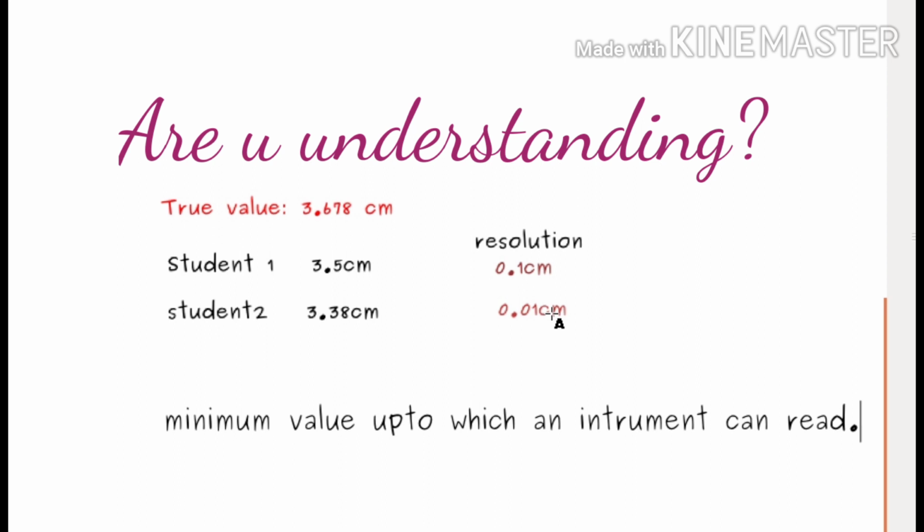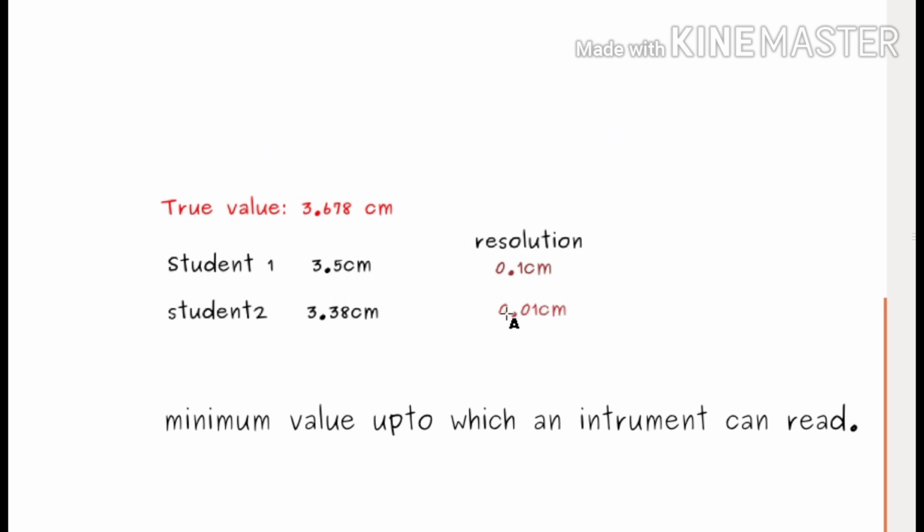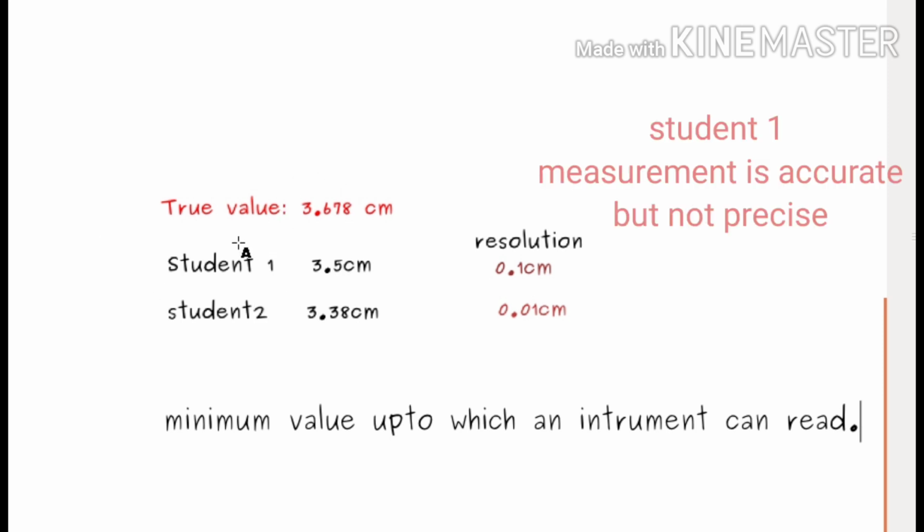It means that this instrument can measure a length up to 0.01 centimeter. Understand? So let us see in terms of accuracy and precision. This 3.5 centimeter is nearly close to the true value. So student 1's measurement is accurate but not precise.